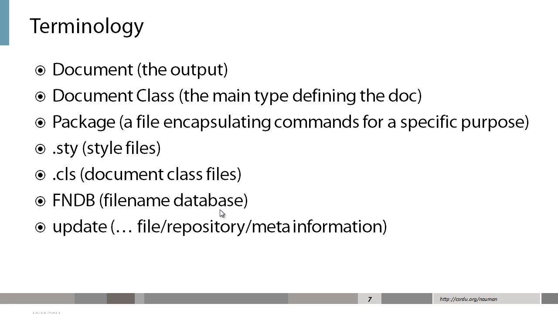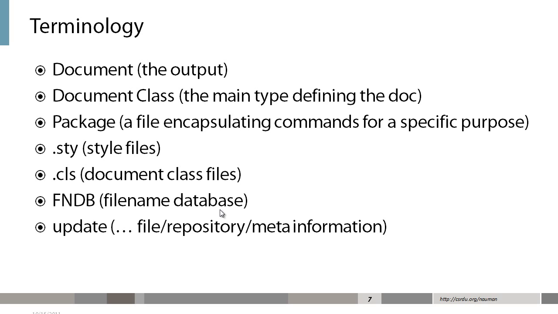So coming back to the technical stuff, in terminology, we have some very basic stuff. The document is the output. That's fairly obvious. The document class is the main type defining the document. For example, a document class can be an article if you're writing an article. It can be a book if your document is going to be a book. So you can have different types of document classes, and different people define their own document classes.